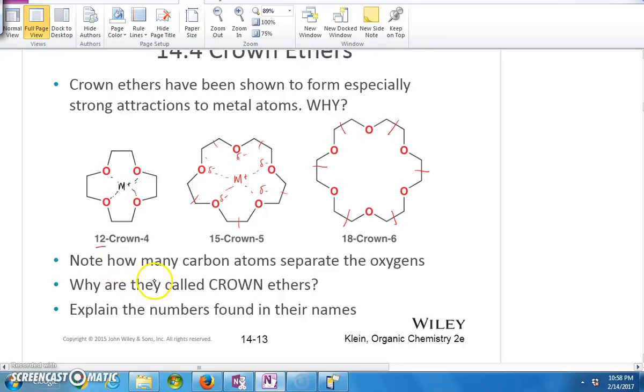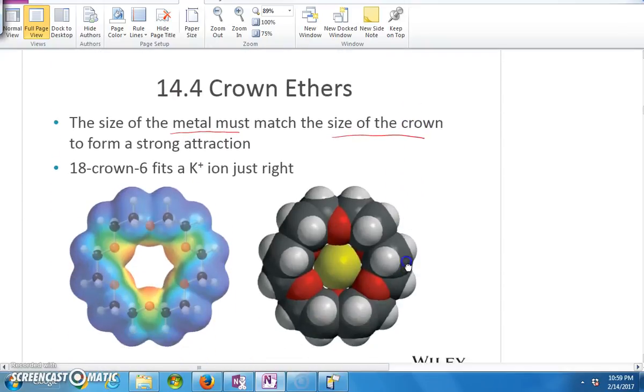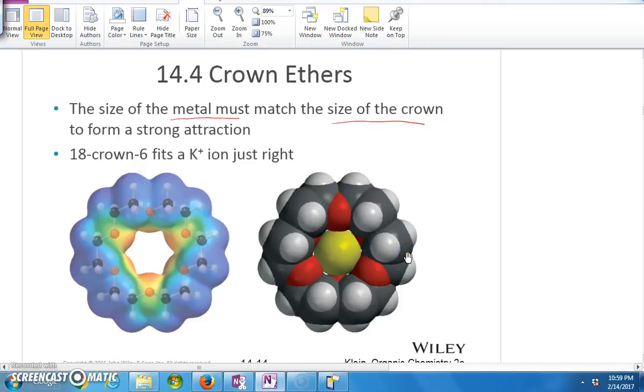So the first number is the total number of atoms, while the second is the total number of oxygens. Basically, that's how you arrive at the name of the crown ether. And the size of the metal must match the size of the crown to form a strong attraction. So 18-crown-6 fits the potassium ion just right.